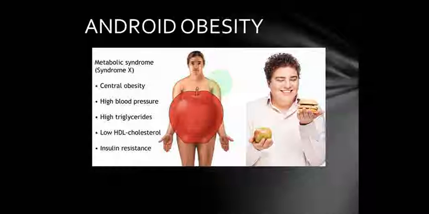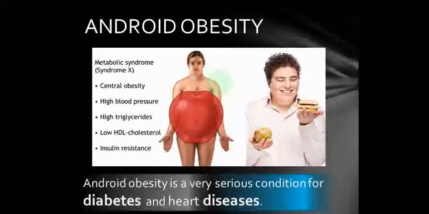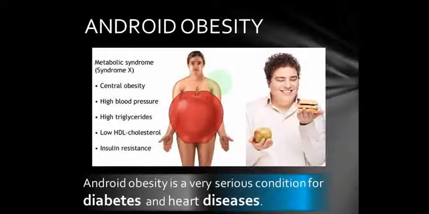Let's start talking about the central or android obesity. It may seem funny, but in terms of metabolic health, it's not funny at all. Android obesity is a very serious condition for diabetes and heart diseases.